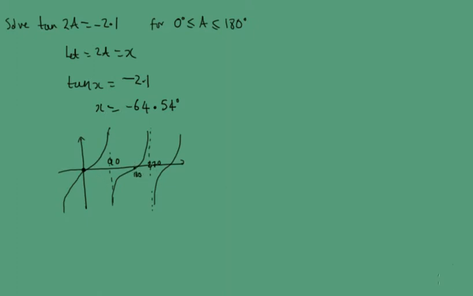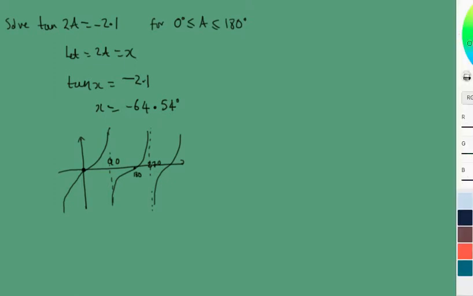And we know that this x is at minus 64, so about here. So this is minus 64.54 degrees, and this will be minus 90 here. So it's about here, and so there'll be another solution before the 180. Here's 180, so we've got a solution here as well.